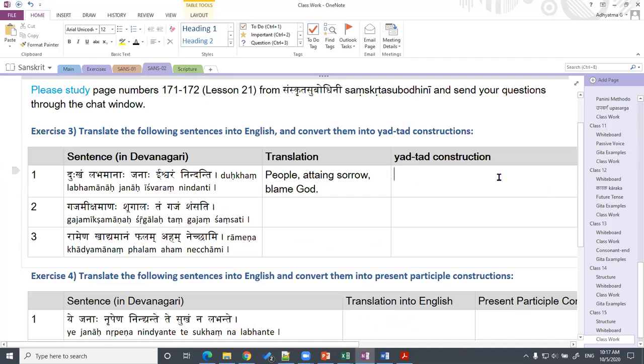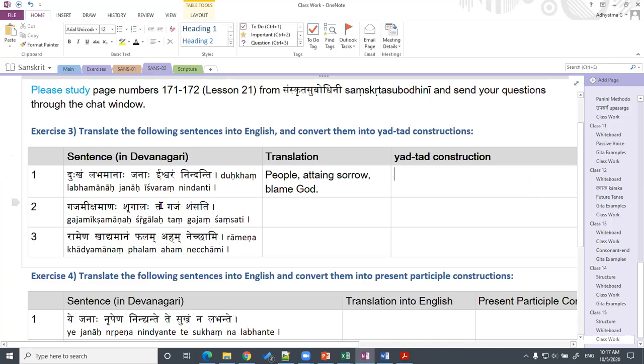So if you find it too difficult doing the yat-tat construction, you can ignore some of them. The reason is that it's not necessarily have any connection. It is just a methodology to make you understand. It's not that they are necessarily connected, the participle and yat-tat construction.